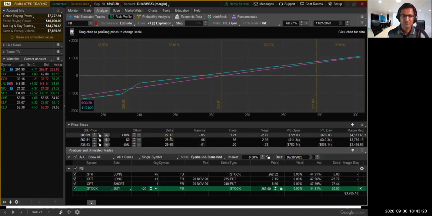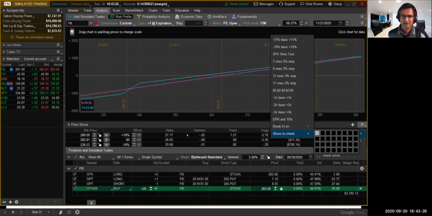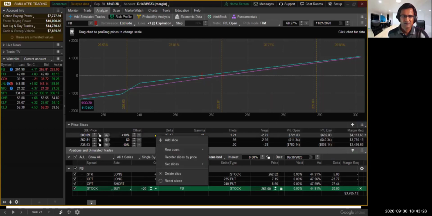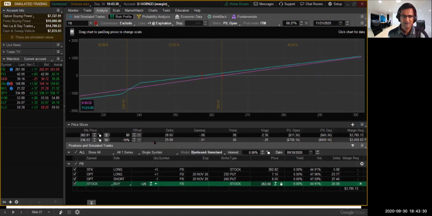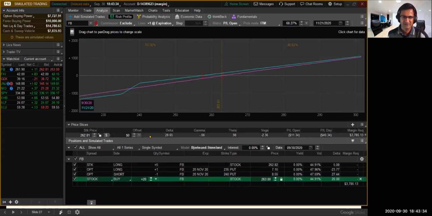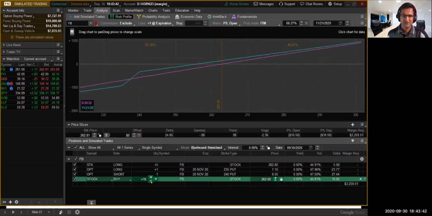So when you look at the overall delta of your position, let me get rid of these slices. I don't want to do any simulation right now. I just want to see what my delta is based on where the stock is right now. So right now I'm at 28.65. If I reduce my stock position, my delta reduces.